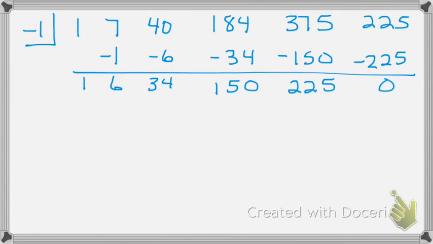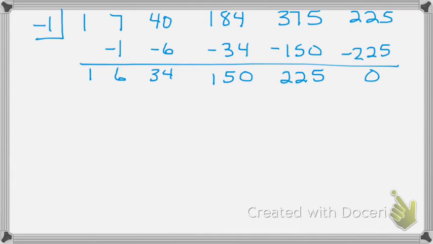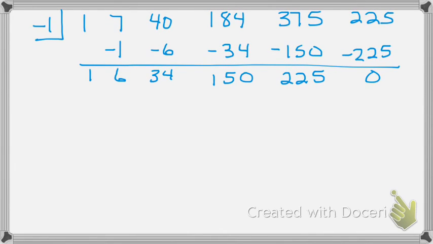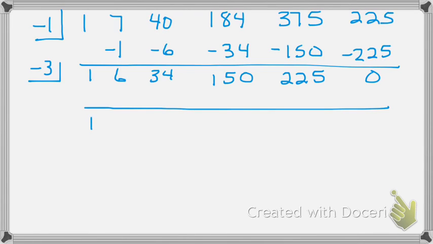All right, so next we need to do, what was our other one? -3. Okay, so let's take that new set of numbers and let's do it with -3. So pull down my 1. 1 times -3 is -3. 6 and -3 give me 3. 3 times -3 is -9.